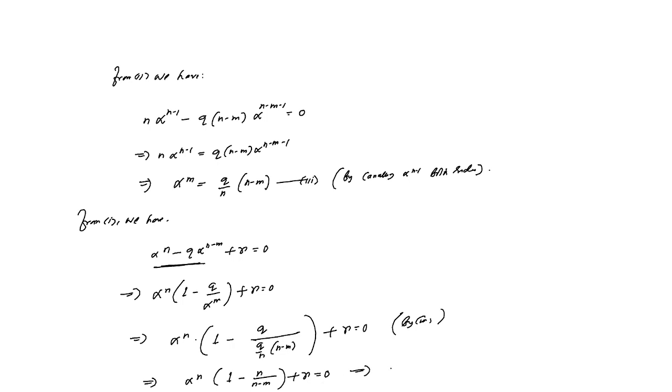And here alpha to the power n is r by m into (n minus m). This is 4.